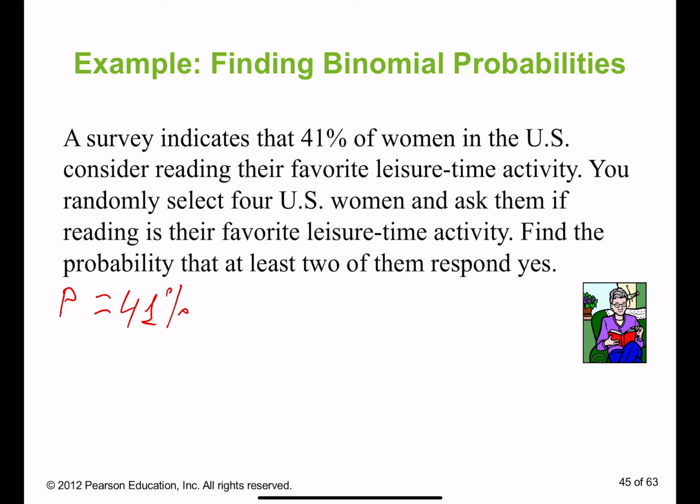You randomly select 4 US women and ask them if reading is their favorite leisure time activity. Find the probability that at least 2 of them respond yes. So they questioned 4 US women randomly.